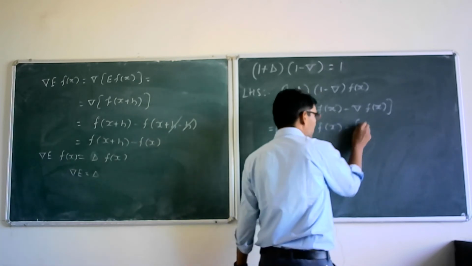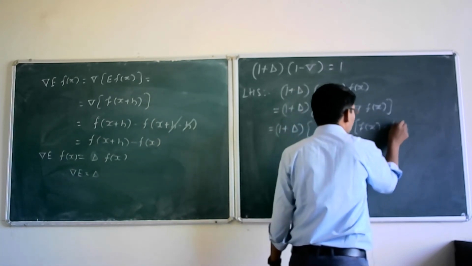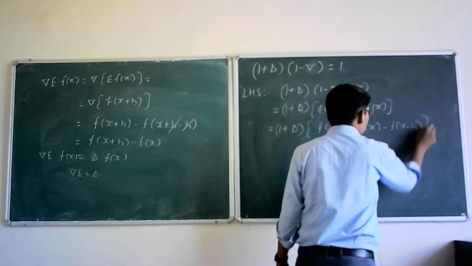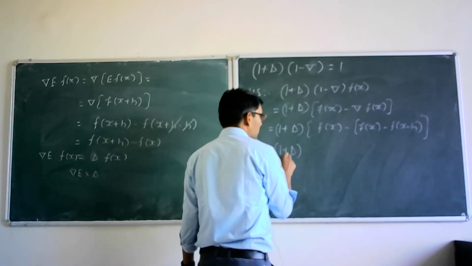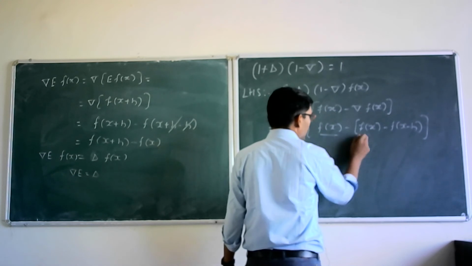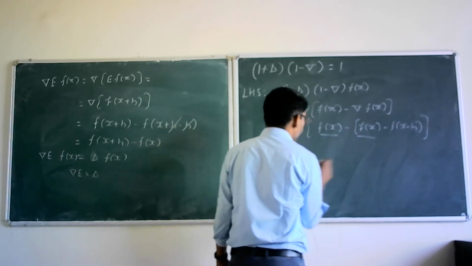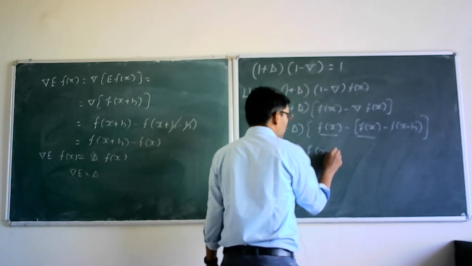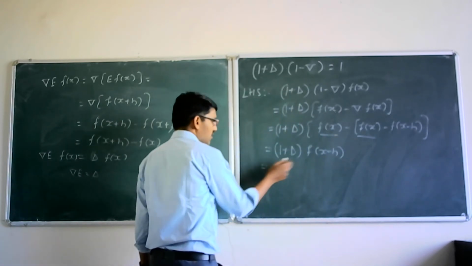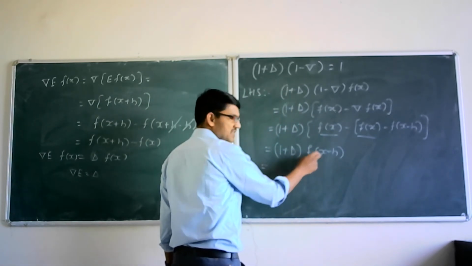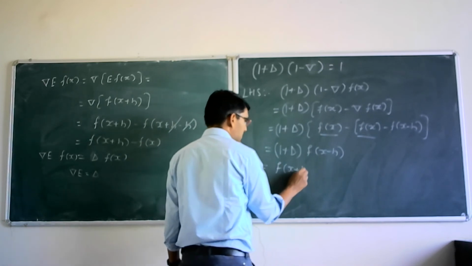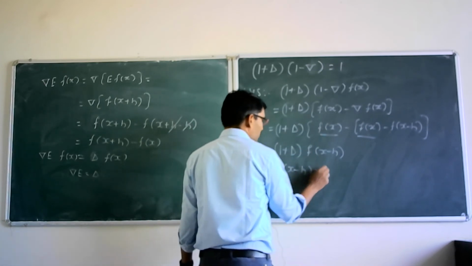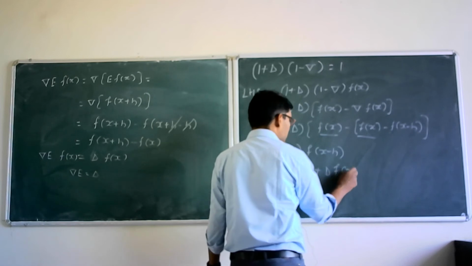It is f of x minus f of x minus h. So what happened here? In 1 plus delta, this f of x minus f of x will get cancelled, and minus minus becomes plus, it is f of x minus h. So now apply this 1 on f of x minus h and delta on f of x minus h, you will get f of x minus h plus delta f of x minus h.